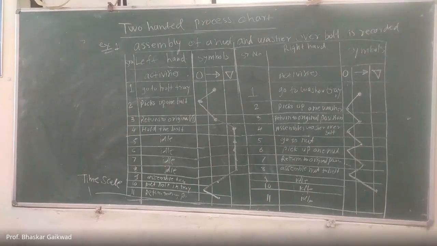Anybody having any problems related to this, you can ask. Any problems related to two-hand process charts? Hello? Any questions? Otherwise, we will go to the next chart, that is the multiple activity charts.